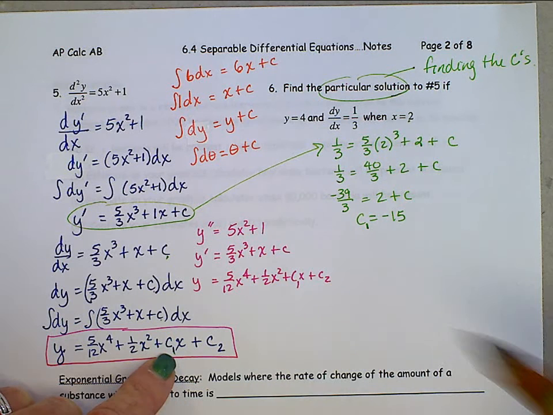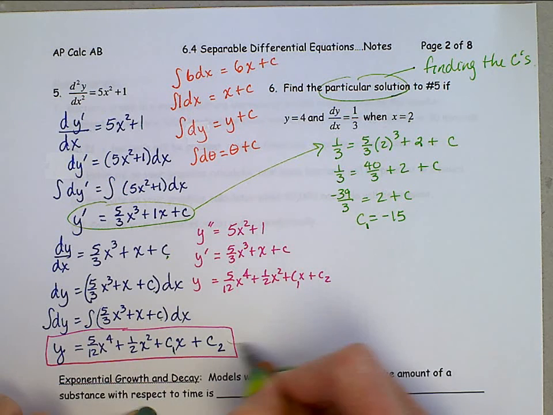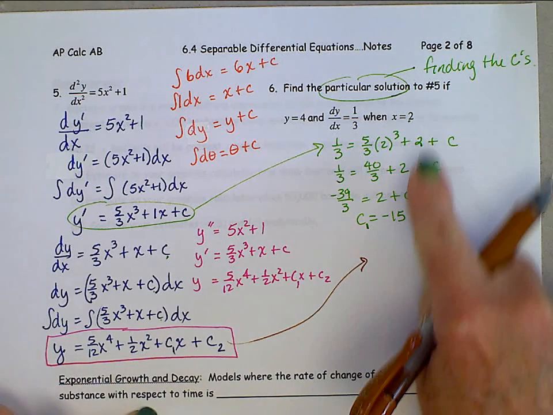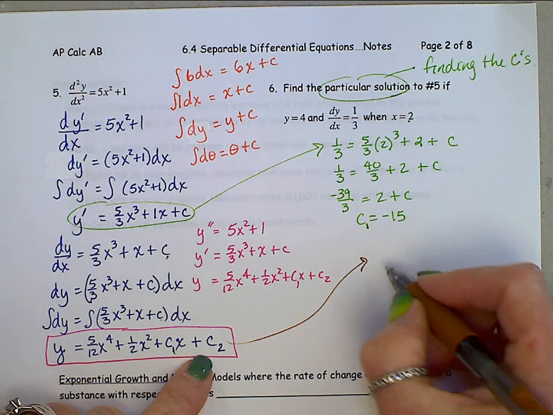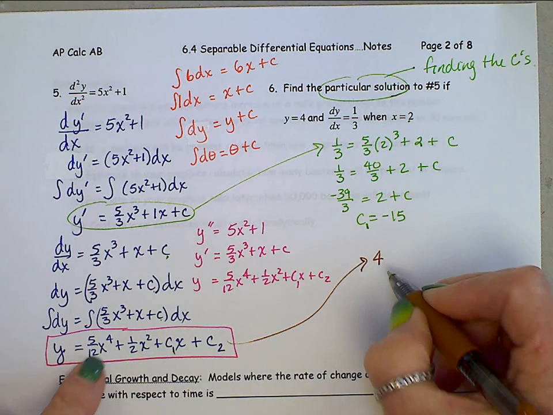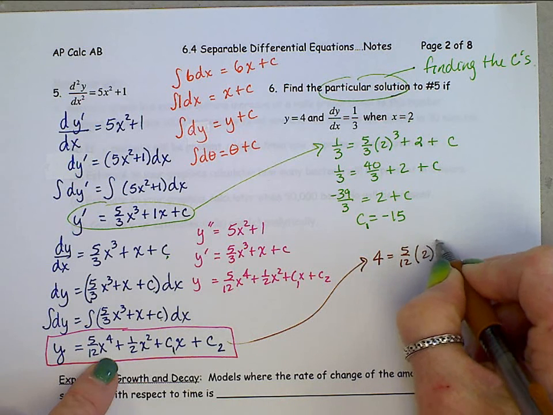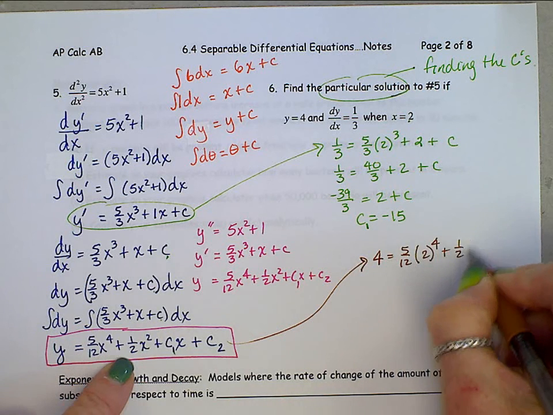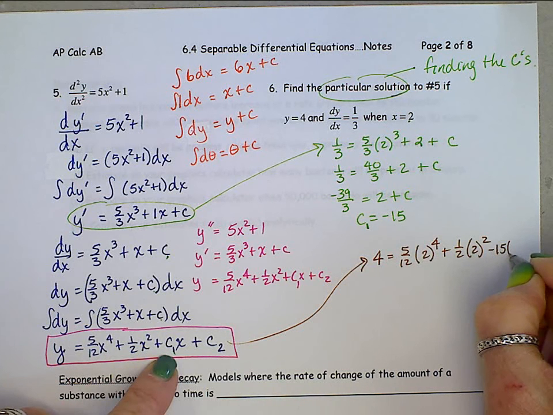Now we're going to go into this final line down here, and let's use x is 2, y is 4 to figure out what c2 is. So y is 4. We have 5/12 times 2 to the 4th plus a half times 2 squared minus 15, there's your c1, times 2 plus c2.